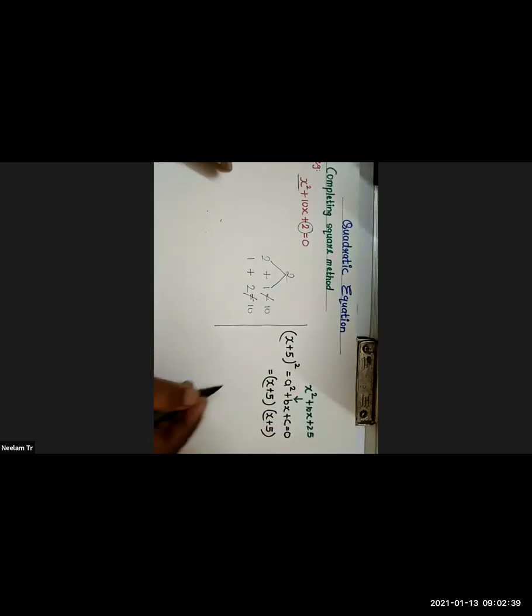Yes, you can write it like this, or you can solve the bracket. After solving the bracket, what will you get? The same value: x square plus 5x plus 5x plus 25.